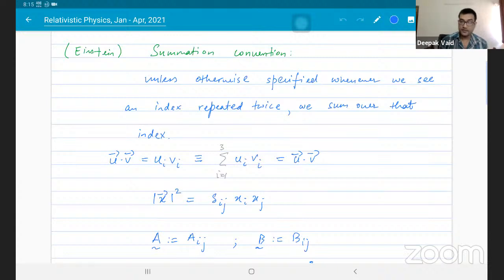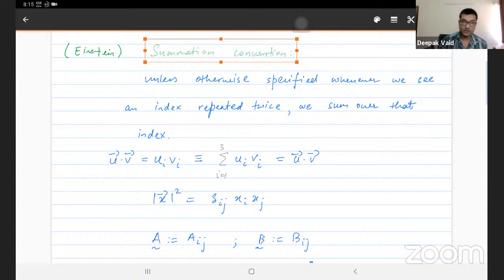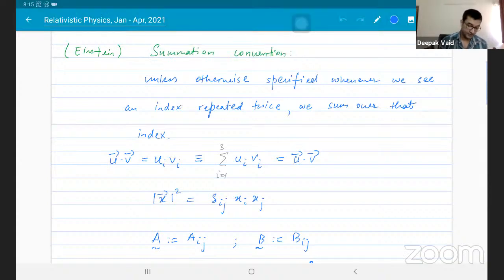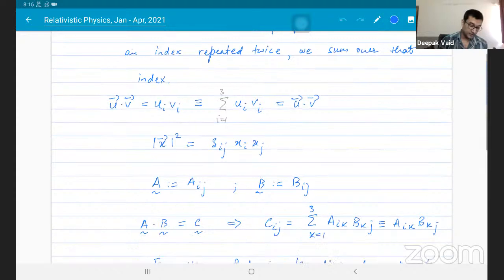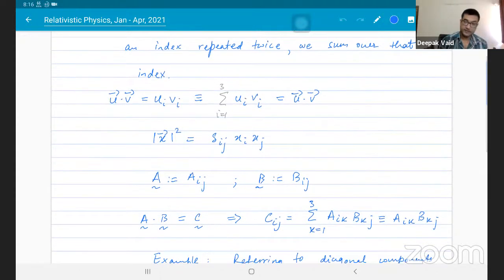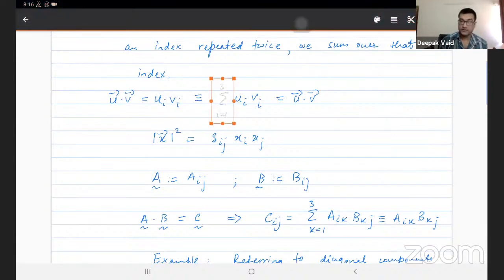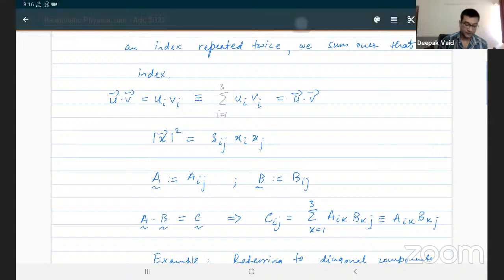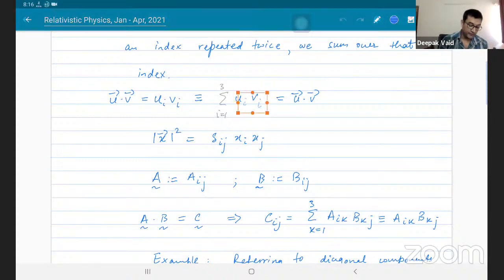And then we have a very important tool which is called the Einstein summation convention. Basically what it means is that whenever you have these dot products or other such objects, you just leave out the sum symbol, whenever you have repeated indices.